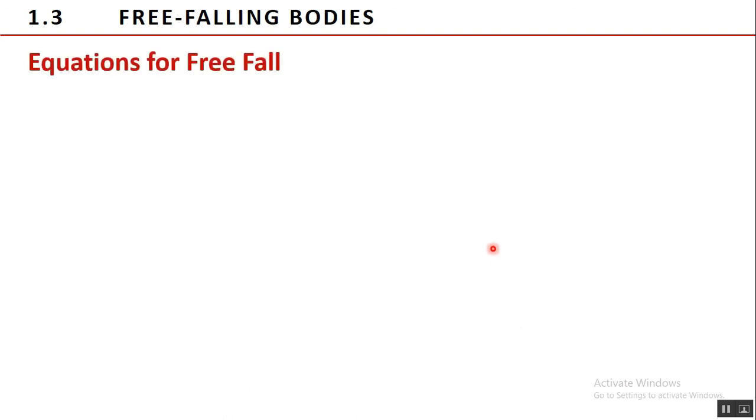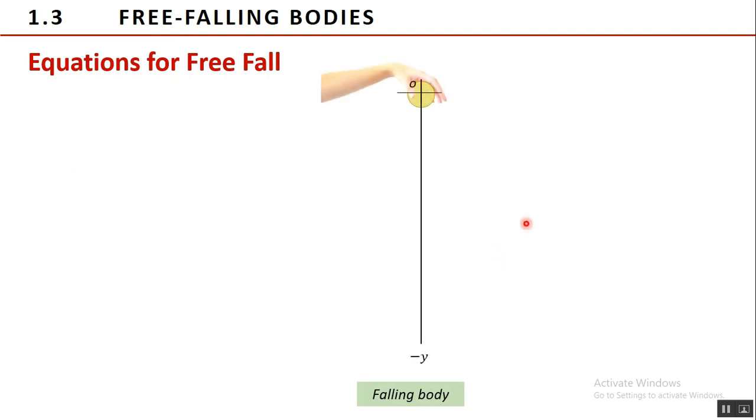Now you're going to learn the related equations for free fall. We consider first a falling body. At an initial time 0, the body is at initial position y sub i from an assigned origin with an initial velocity of v sub i. We know already that a falling body accelerates due to gravity, so at a later time t, both its final position y sub f and the velocity v sub f have changed.